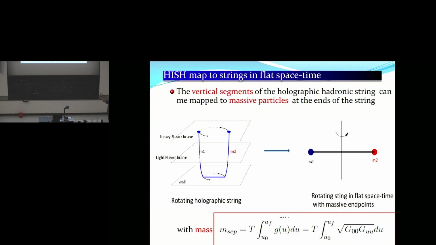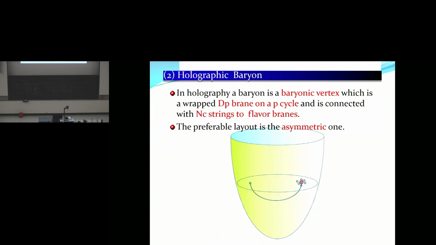These masses are not QCD masses and not constituent quark masses. These are what I call the string endpoint masses, and they are essentially just the energy or the lengths, in this curved space-time, of these vertical segments.